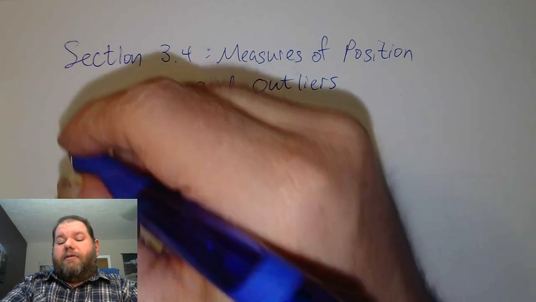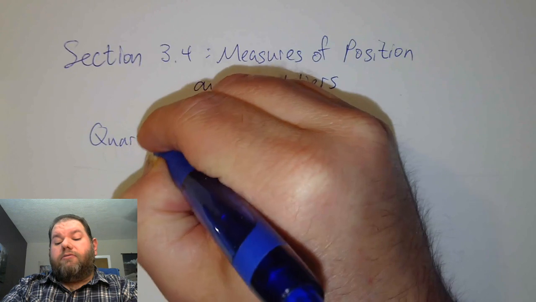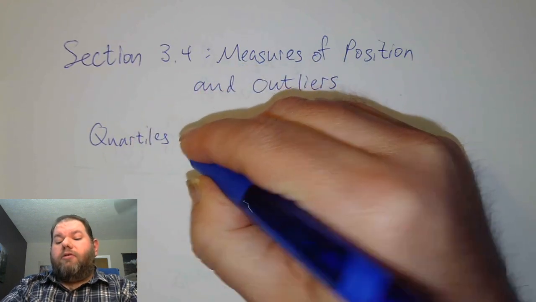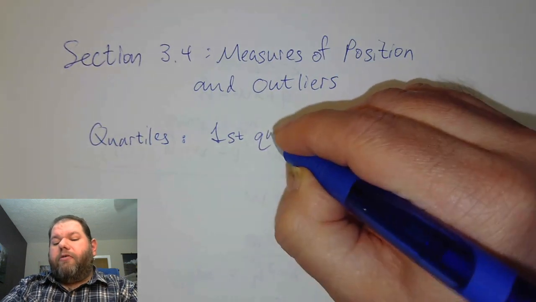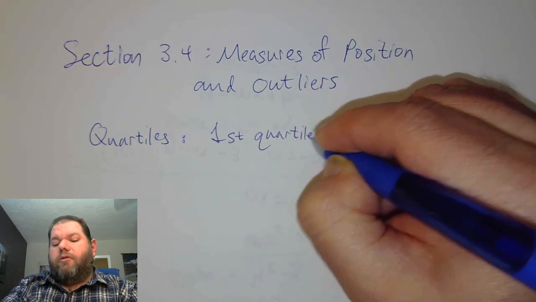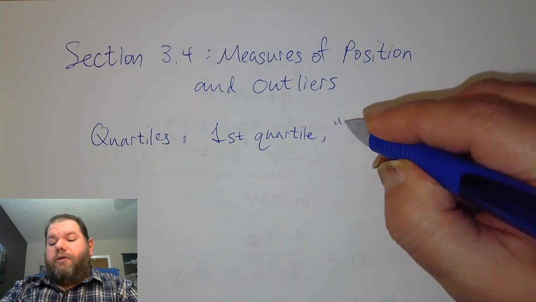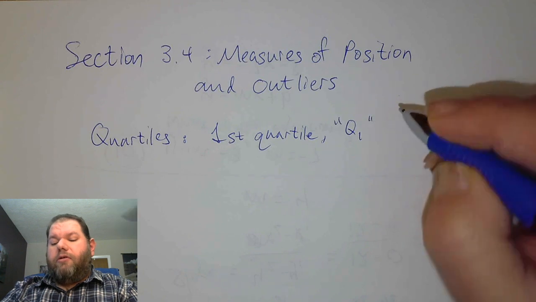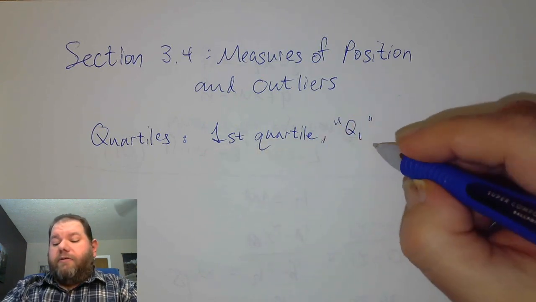So I want to talk about that first. We have our quartiles. The first quartile, which we'll call Q1, represents the 25th percentile.